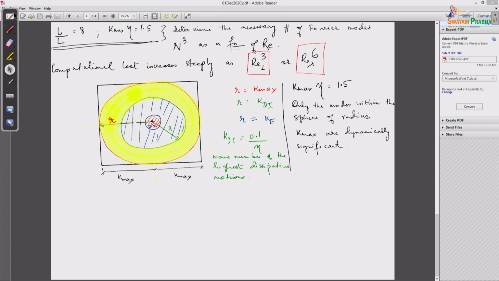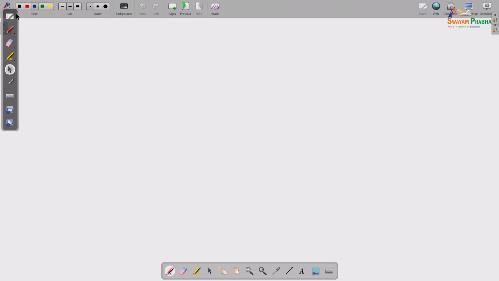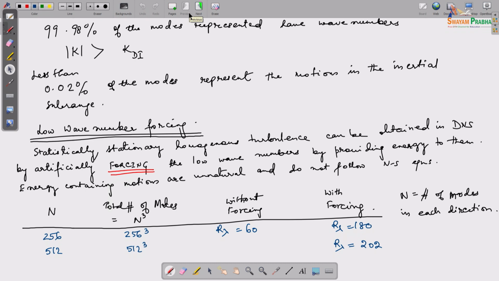So then why am I doing it? Because it doesn't really represent the turbulent flow as such, but you can extract some information from there, which is what we are doing, and we saw that I can actually get up to Reynolds numbers at the micro scales which are much higher than without forcing.